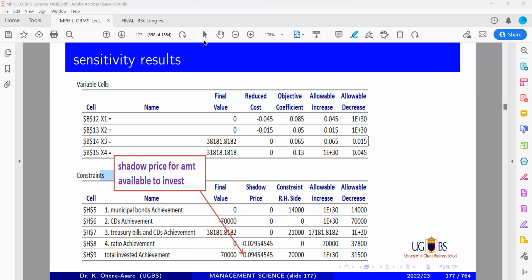Freeman. So the optimal solution is to invest $38,181.82 in treasury bills and to invest $31,818.18 in the growth stock fund. Perfect.